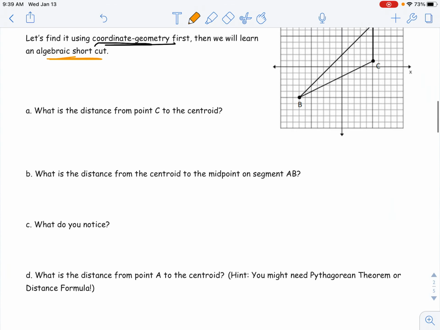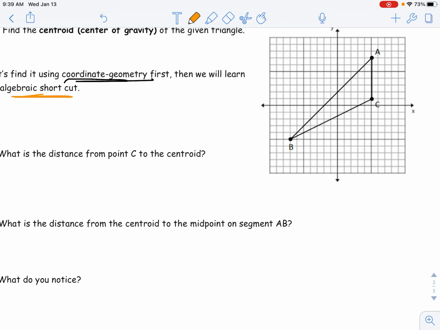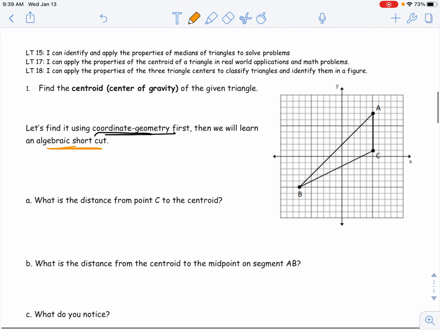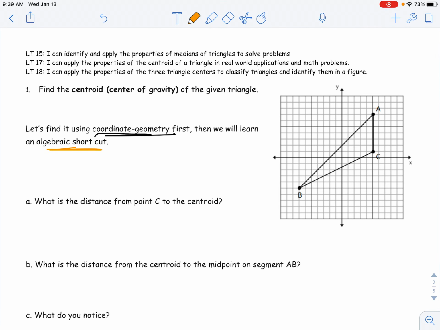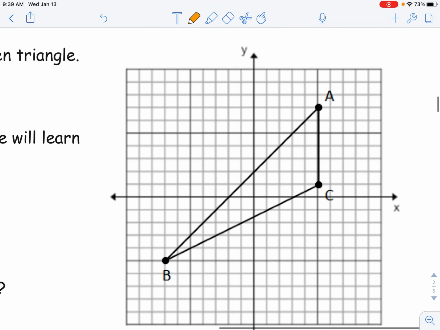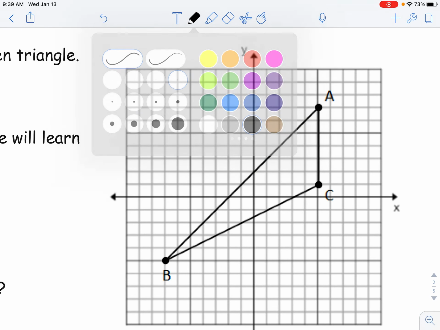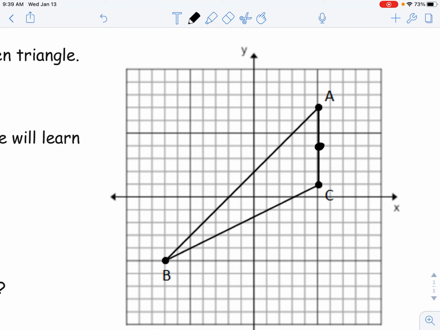Let me think about what I want to do. Let's go ahead and find the midpoint of each side first. So we found the midpoint right here, because AC, this is a length of 6. So I'm going to call that lowercase b. Then this side again, we can always just count to find the midpoint without using the formula.